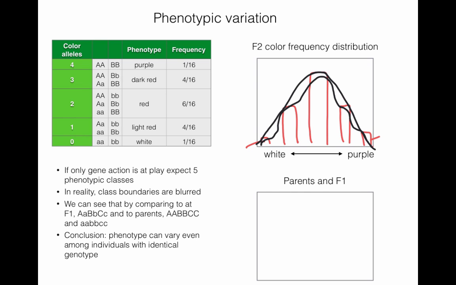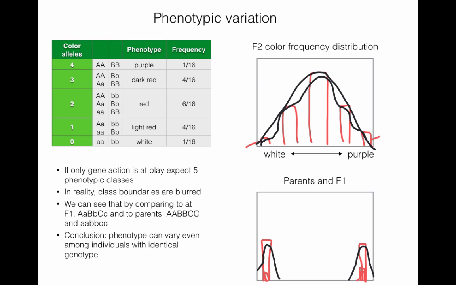Well, the way to tell that would be to look at the parents. If you look at the parents, you would be expecting exactly this type of distribution, right? But in reality, even the parents would vary, perhaps. You might have instead a distribution that looks like this for the parents. And then the same thing could be said for the F1.